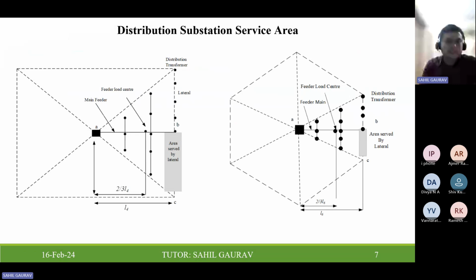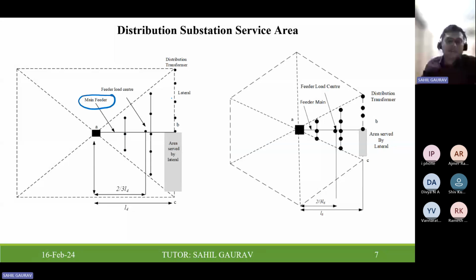So let us see this square based substation service area and hexagonal based substation service area. So this is square based substation service area. In this square based, you can see this center one. This is a primary feeder, main feeder, and these are laterals, and in the laterals we are having load points that we call as nodes.